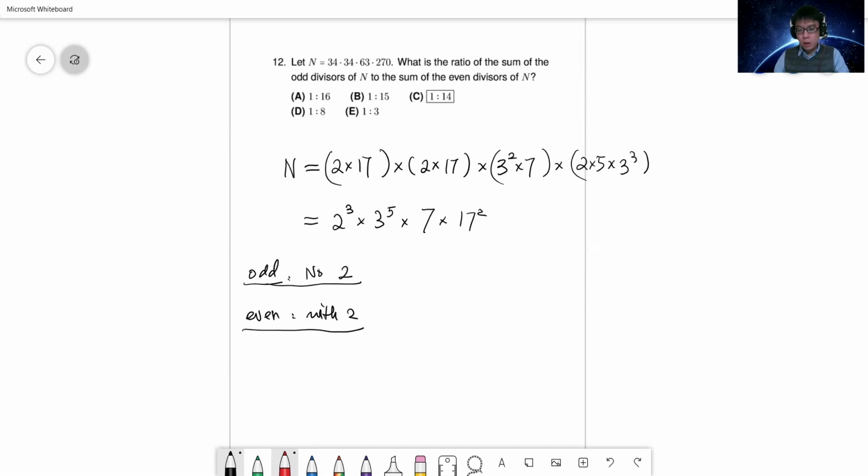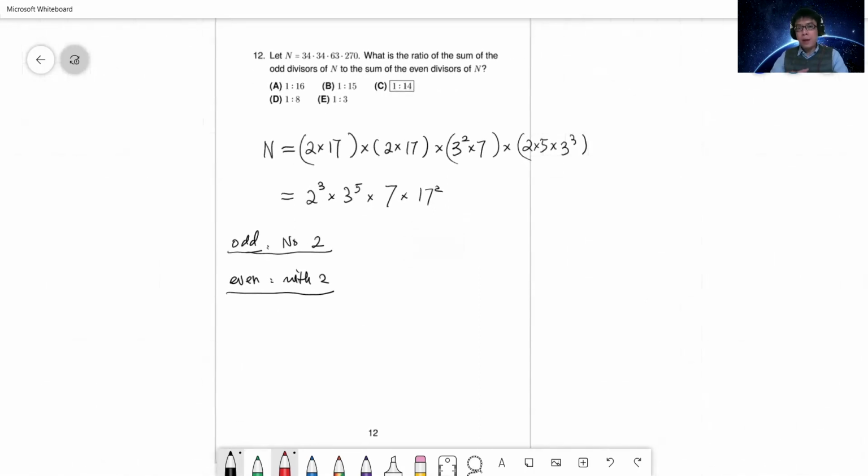So for any odd divisor, we just multiply a power of 2. It will give you an even divisor.